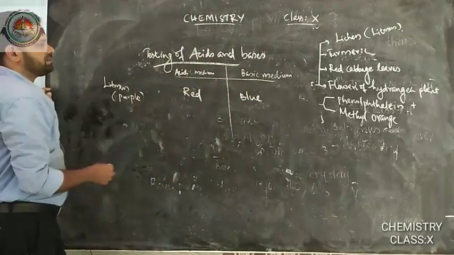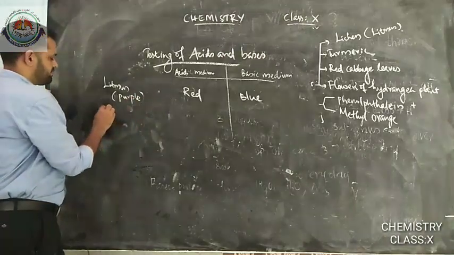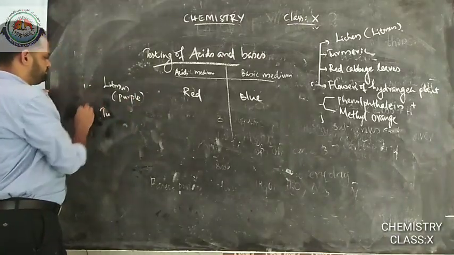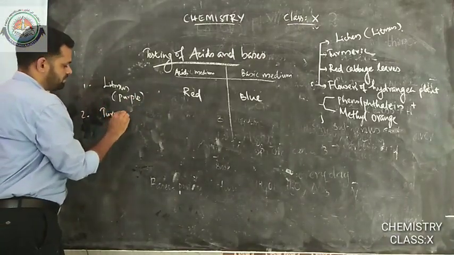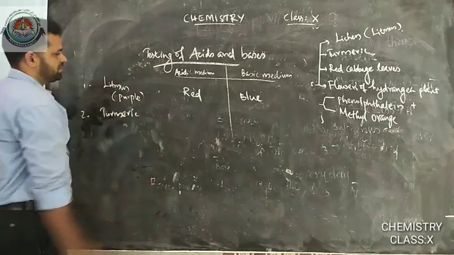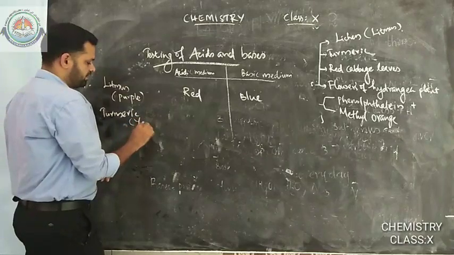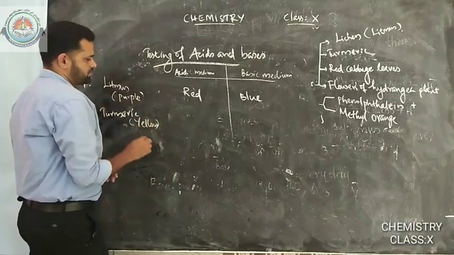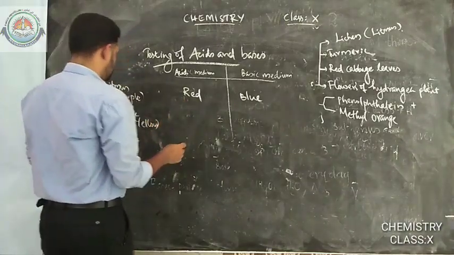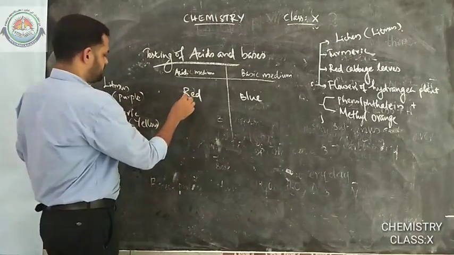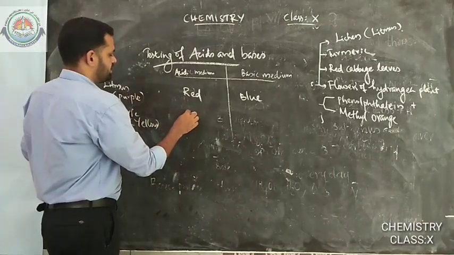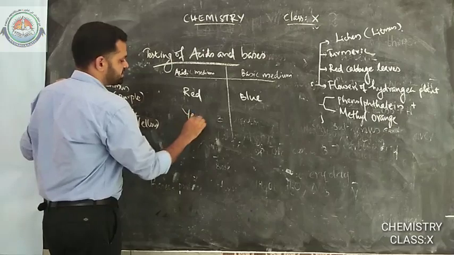Then another, that is turmeric. Turmeric, we know, in its neutral solution is yellow in color. It retains its color, yellow, in acidic solution.